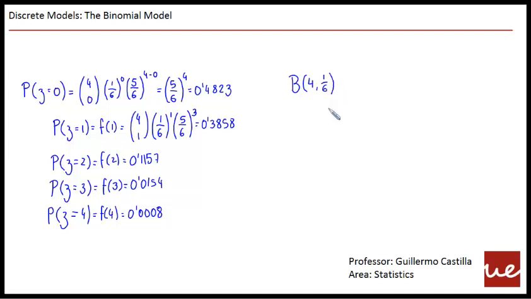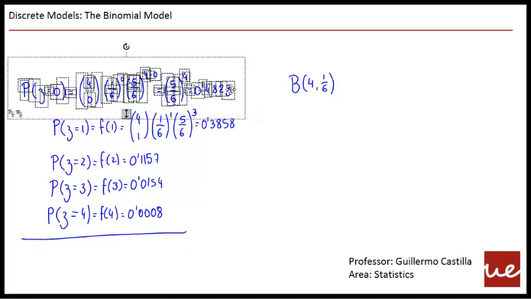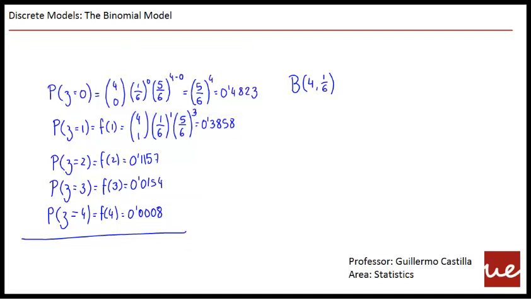Just to remember, since I've erased it from the screen, the binomial model we're working with is a 4, 1/6, and in this case we've got all the values of the binomial from 0 to 4. If you take a look, this is 0.4, 0.3, 0.1, 0.01, and 0.008.